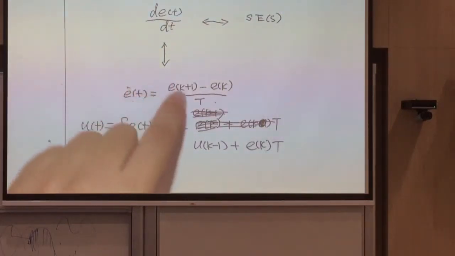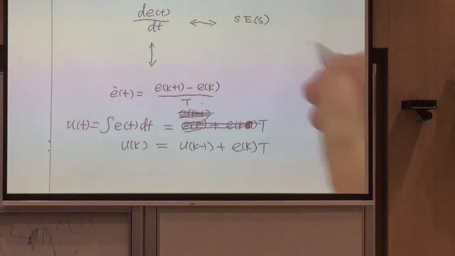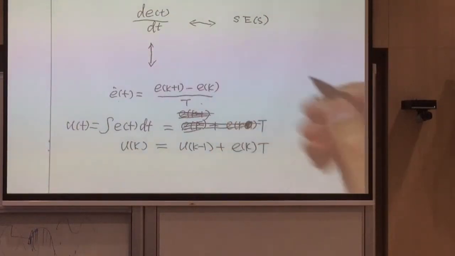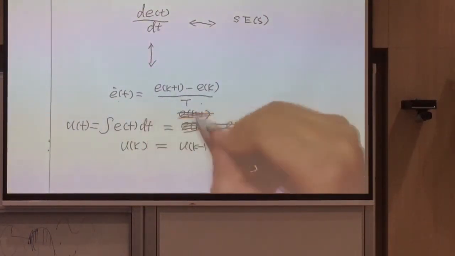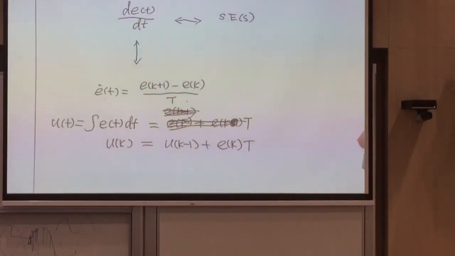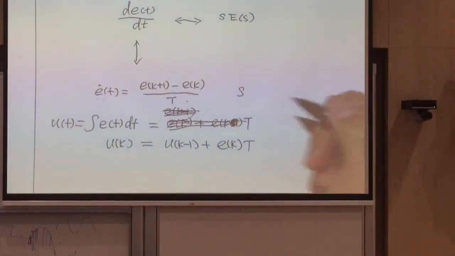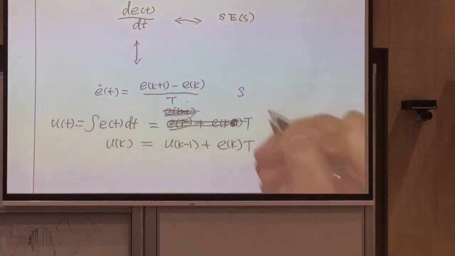So this is your Euler's forward, and this is your rectangular forward. This one is the same thing. If we do the mapping, what do we get for this one? If we do the Z transform, if you do the differentiation, you are doing the S operation, right?